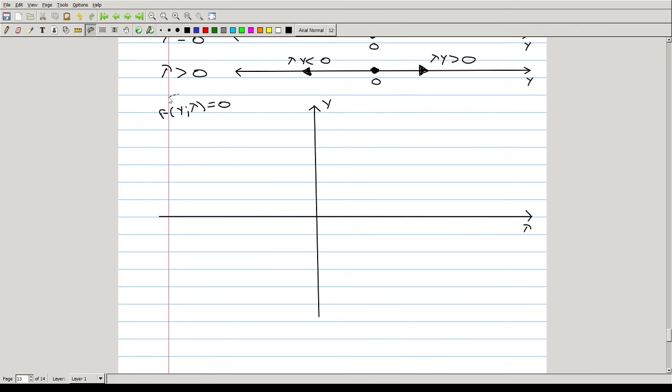So for this curve, this corresponds to lambda times y equals 0, which corresponds to a straight line when y equals 0, and a straight line when lambda equals 0.